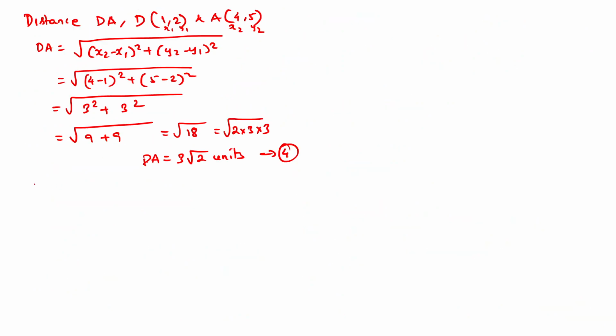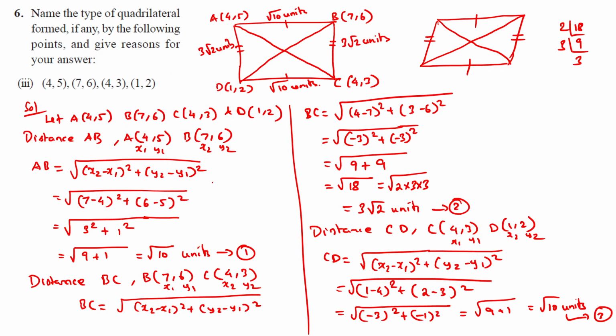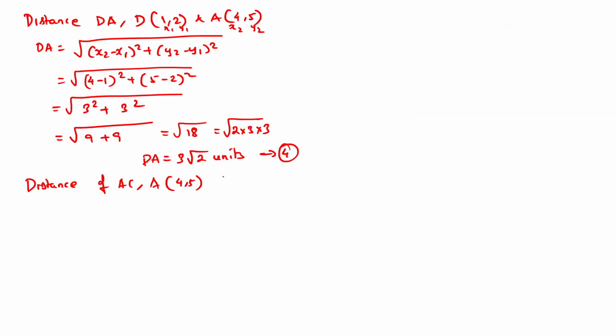Now we need to find the distance of AC. The coordinates of A are 4, 5 and of C are 4, 3. x1, y1, x2, y2.